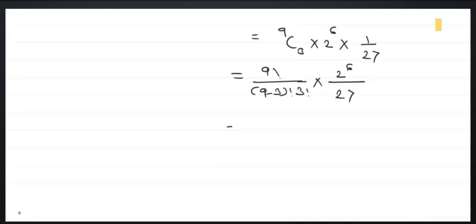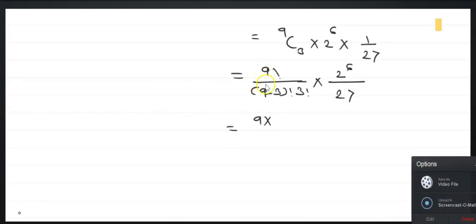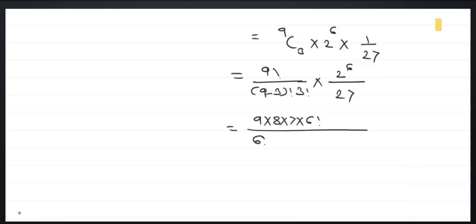Now find the value of 9C3: 9 factorial upon (9 minus 3) factorial into 3 factorial. Now 9 factorial can be extended up to 6 factorial: 9 into 8 into 7 into 6 factorial upon 6 factorial into 3 factorial, into 2^6 upon 27.